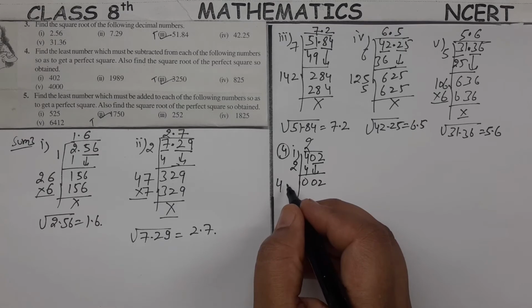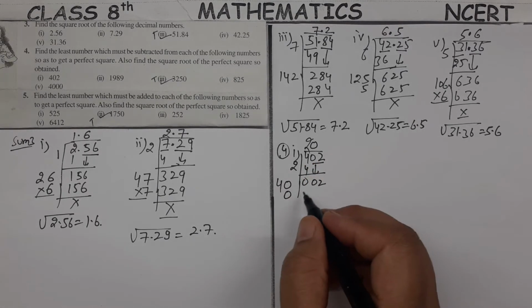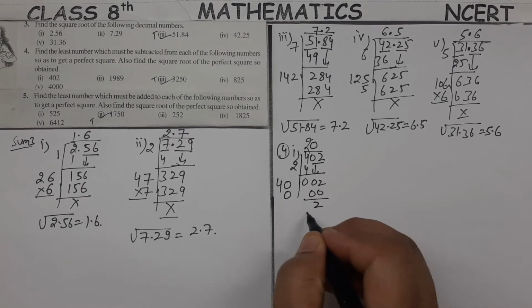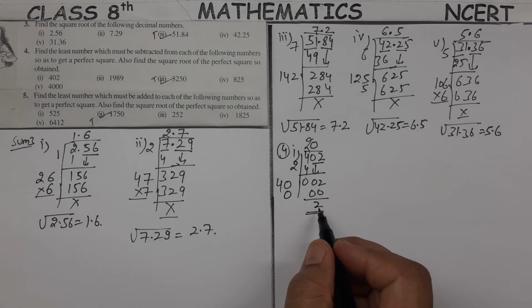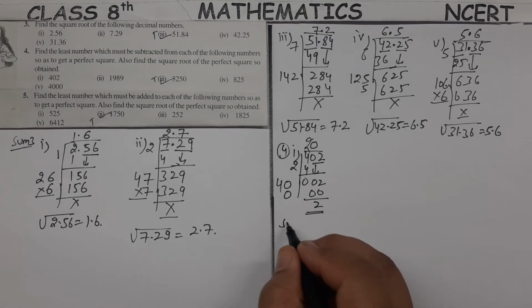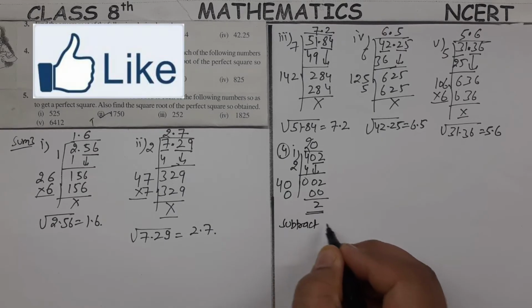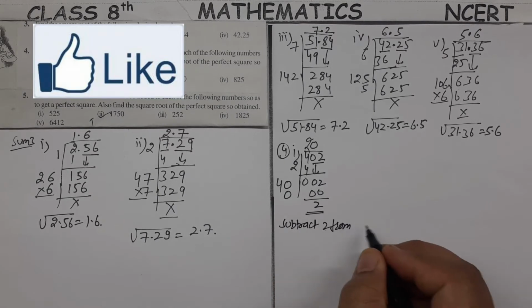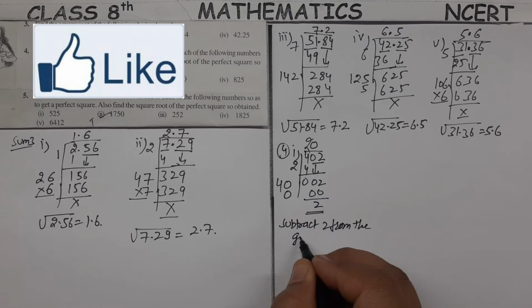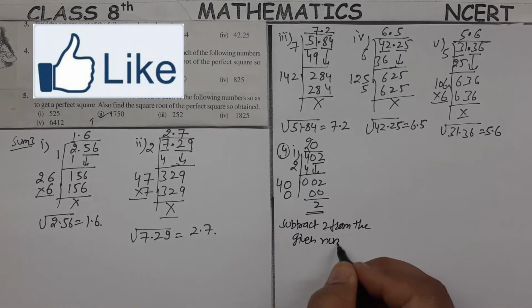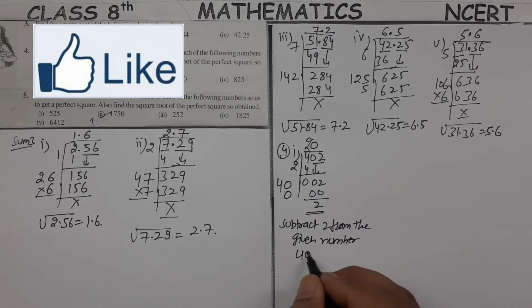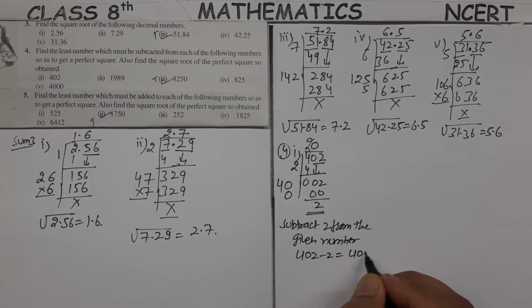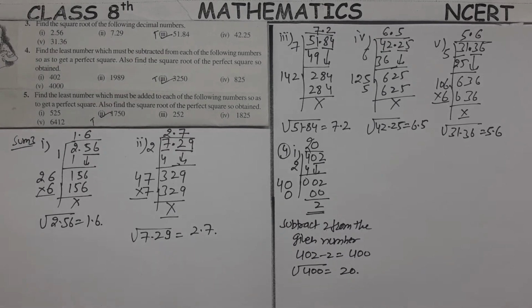Here I am writing 0 multiplied by 0, 0 as a quotient, remainder is 2. Subtract 2 from the given number. 402 minus 2 is 400. That's why the square root of this number is 20. Answer.